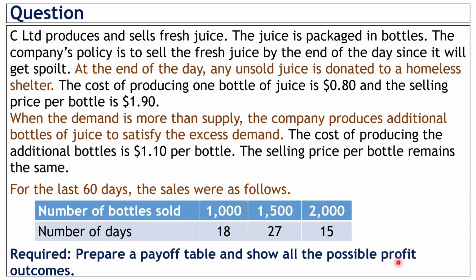The payoff is profit. To calculate the profit, we require the total revenue for the quantity sold, the normal production cost for the quantity produced, and the additional production cost when the demand quantity is more than the production quantity.